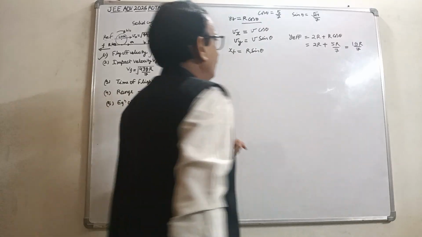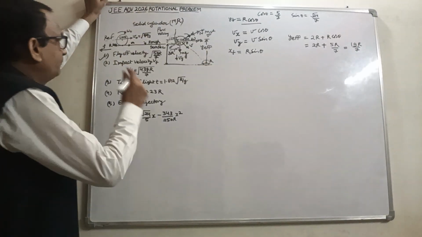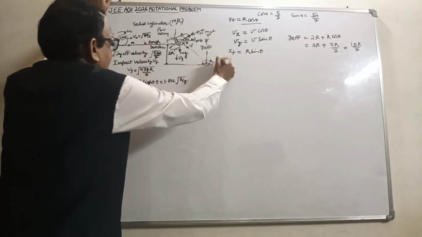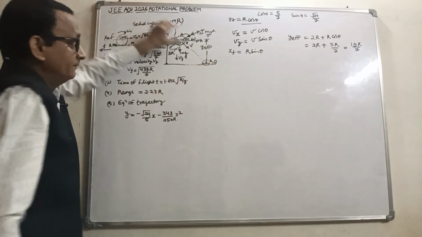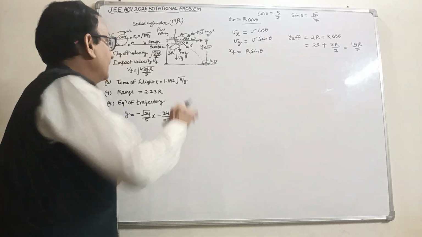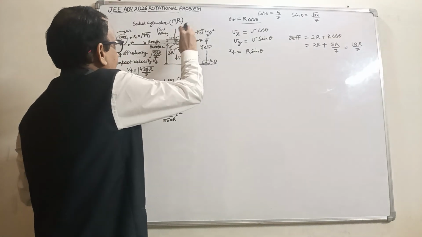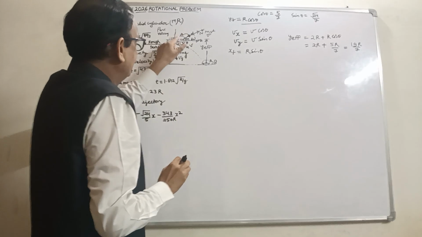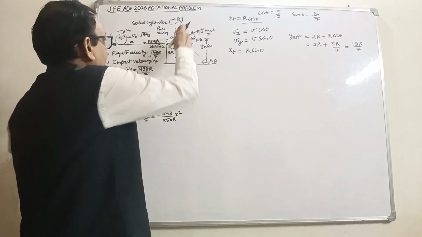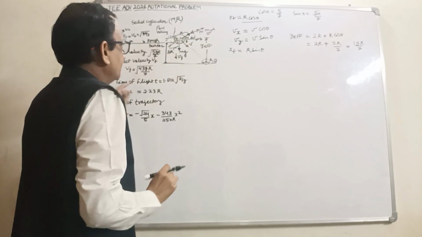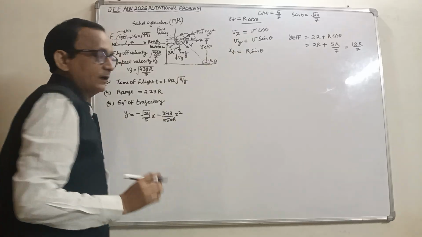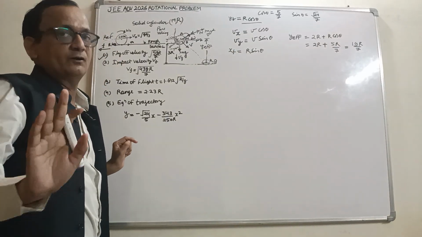This is the y effective. Suppose this point is A and this point is B, and when the solid cylinder detaches, the normal becomes 0. So from here to here, the angular velocity would be constant.